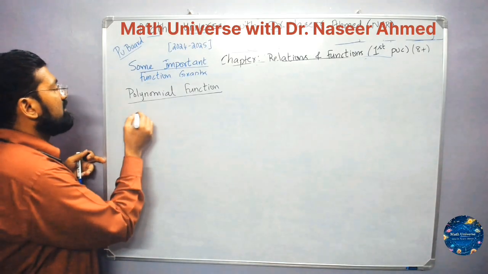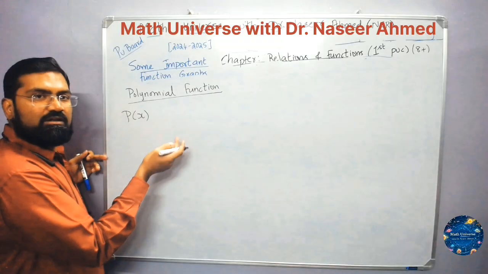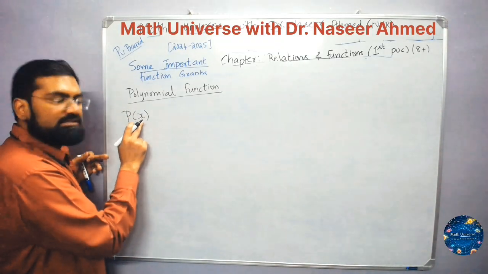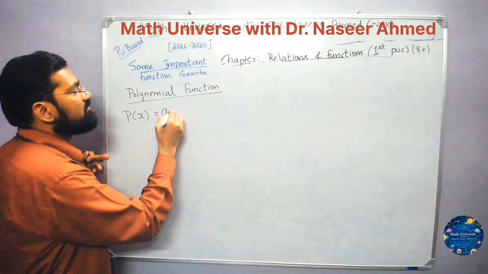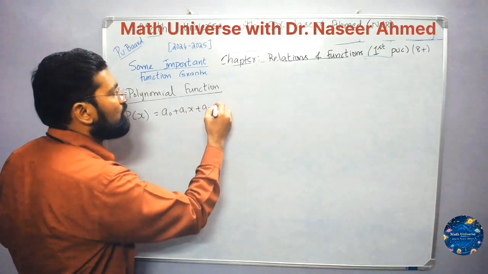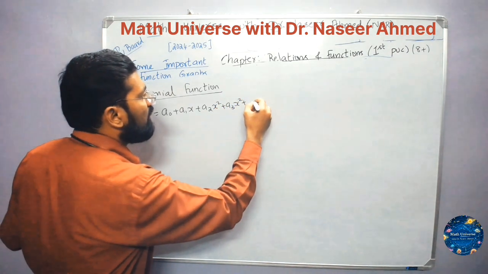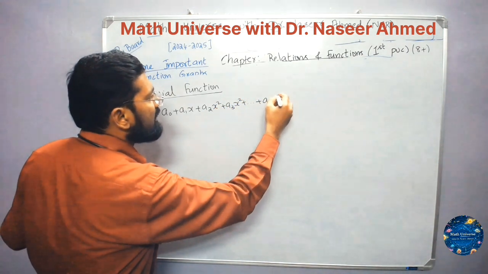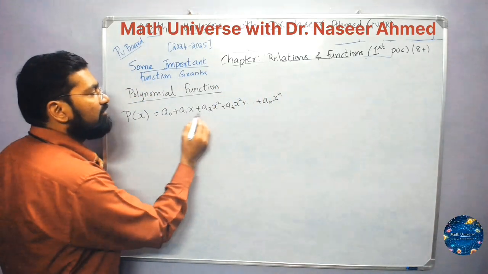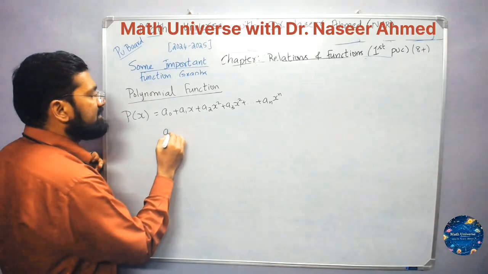Now, the definition of polynomial, P of x, as we had f of x. P for polynomial, and here the variable is x, and it's an expression of this form: a0 plus a1x plus a2x square plus a3x cube, and it moves on, lastly an x power n, where these a0, a1, a2, a3 up to an, I will call as ai's.